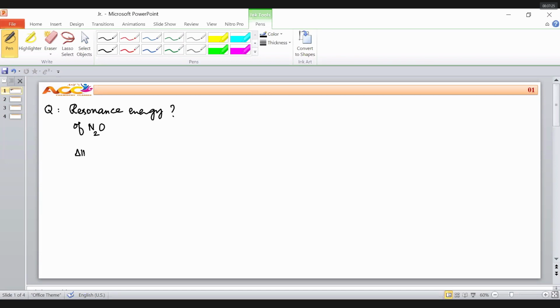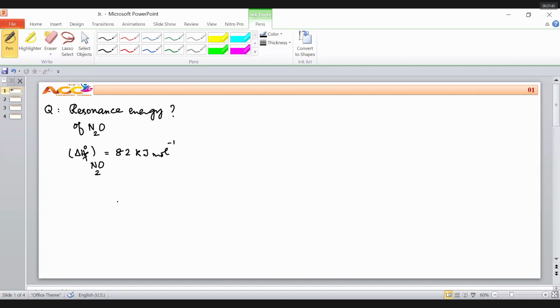He says the standard enthalpy of formation of N2O is equal to 82 kilojoules per mole.